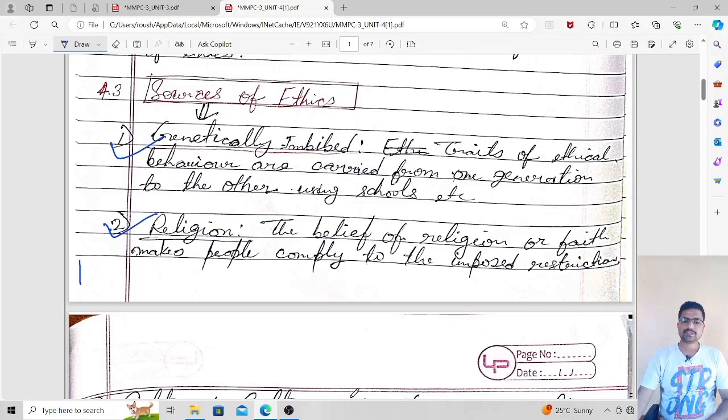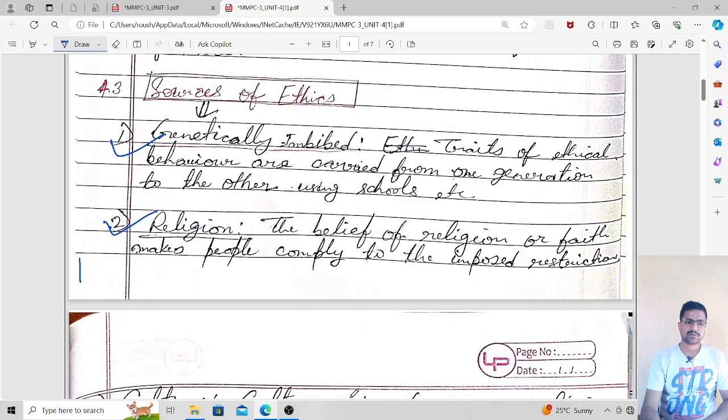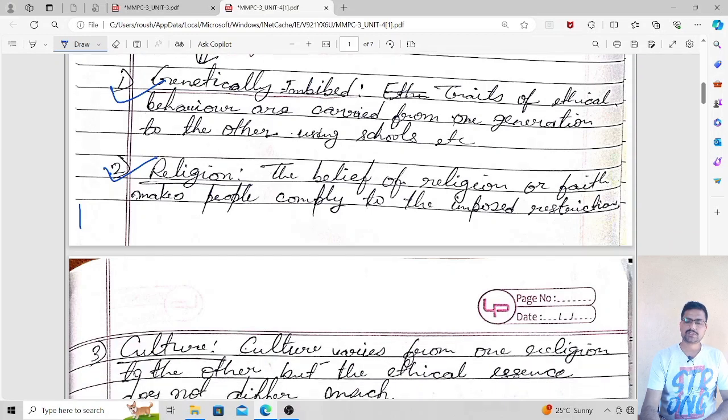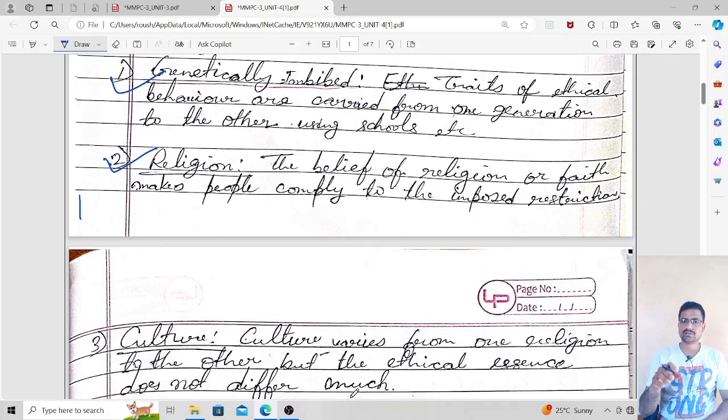The second source is religion. The belief of religion or faith makes people comply with the imposed restrictions. Every religion on this planet has some kind of restriction, so people comply with those restrictions.